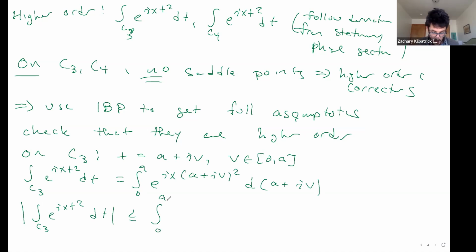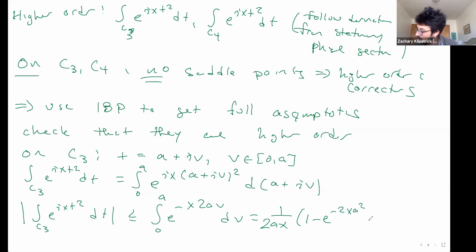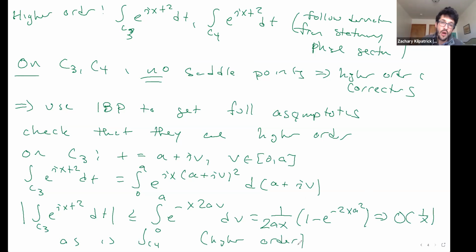I'll get an integral from 0 to a of e to the minus 2axv dv. This is equal to 1 over 2ax times 1 minus e to the minus 2x a squared, which is going to be of order 1 over x, as is the integral over C4. So by this bounding argument, those terms are going to be higher order.